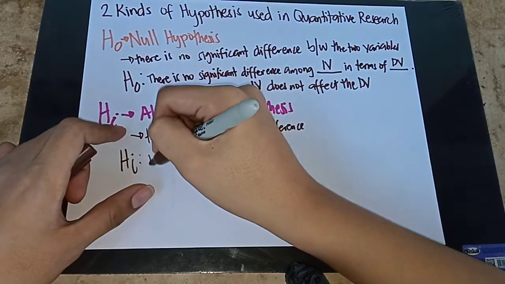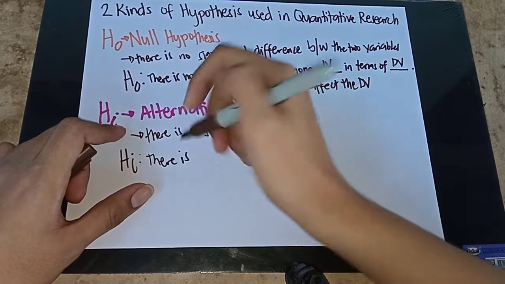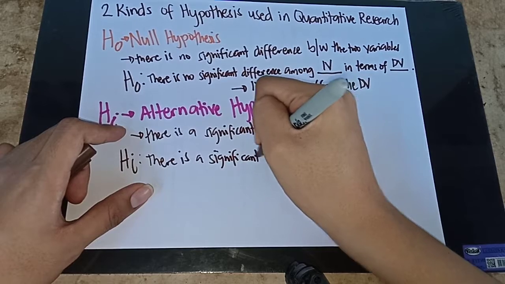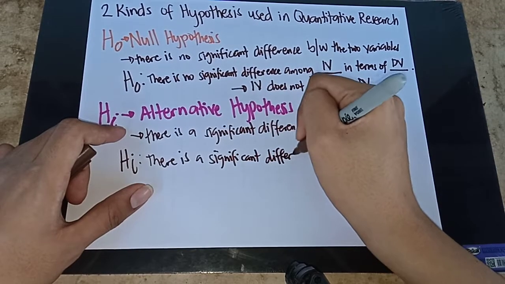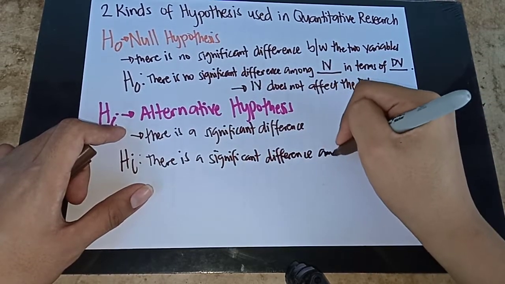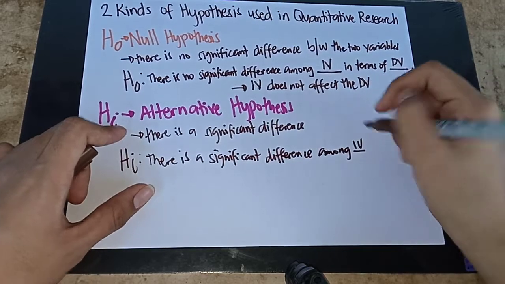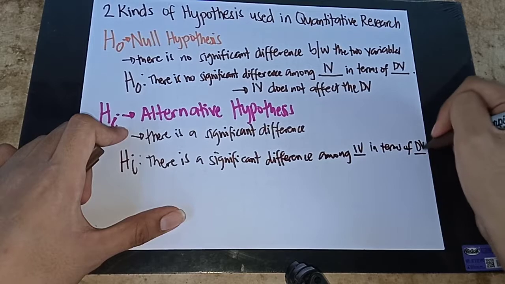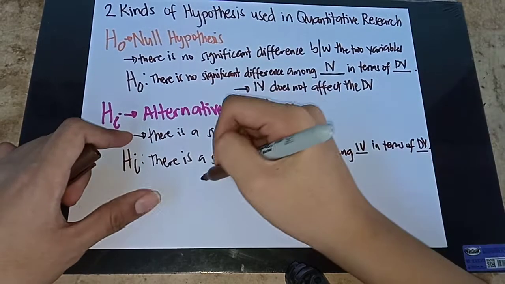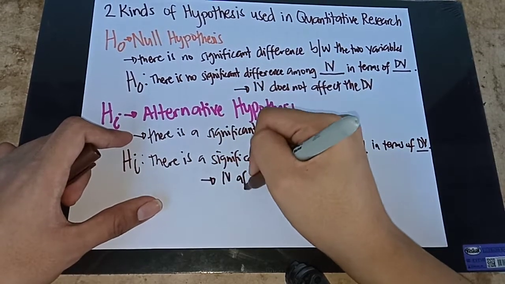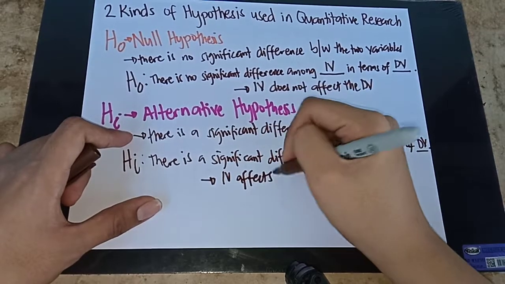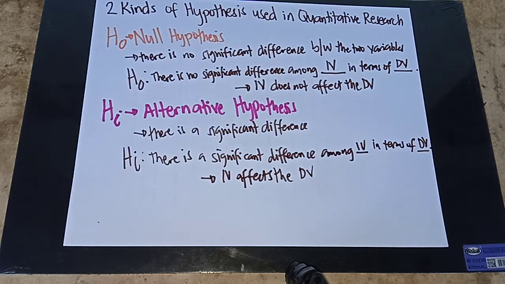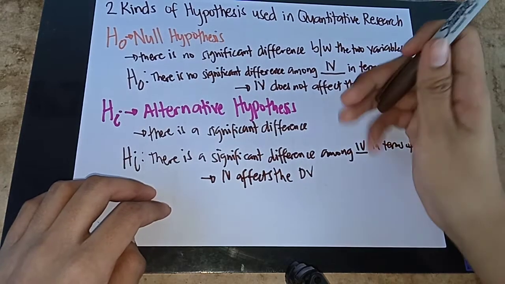So the format would be there is a significant difference among IV in terms of DV. And this means that IV affects the DV. Okay? The independent variable has an effect on the dependent variable.